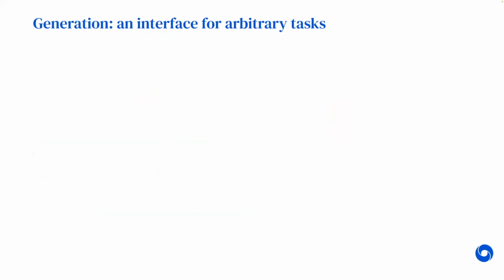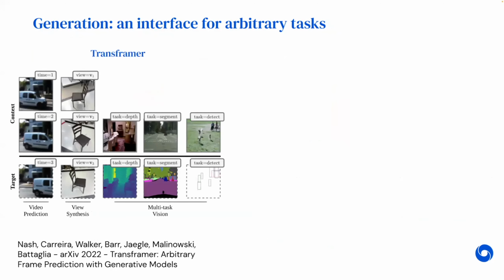This has been explored by several recent works, including some work from collaborators at DeepMind, which uses autoregressive modeling in the context of an architecture called the Transframer to model a wide set of computer vision tasks with the same interface. So this is tasks including segmentation, view synthesis, and classification.